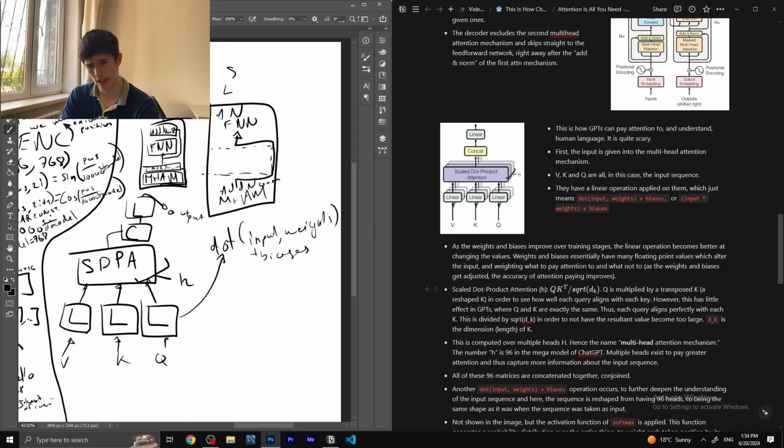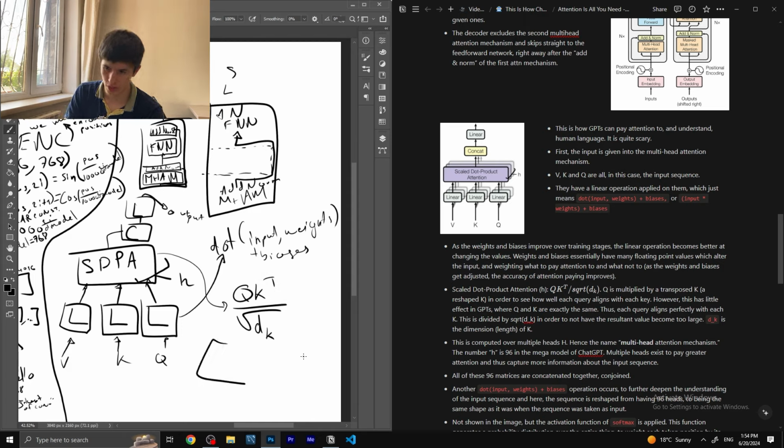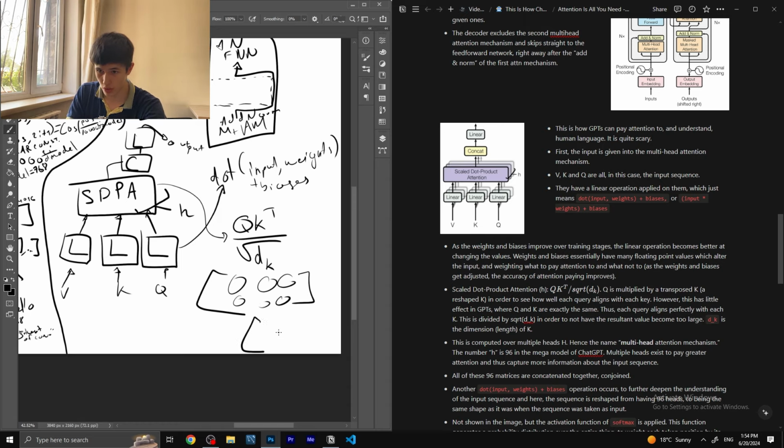And then element-wise addition. Then SDPA, what is this? It is essentially this formula over here, QK^T divided by the square root of d_k. Now what is this? K^T is the transposed, or reshaped, version. If you have element 1, element 2, element 3, element 4, and you transpose it, it looks like this.